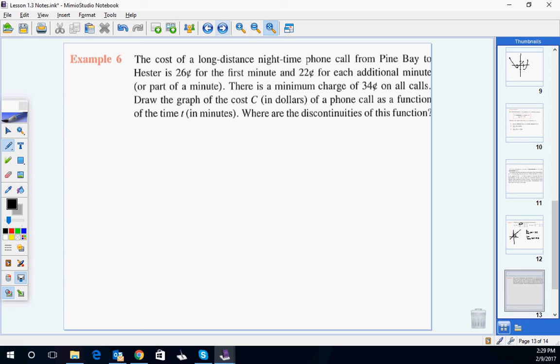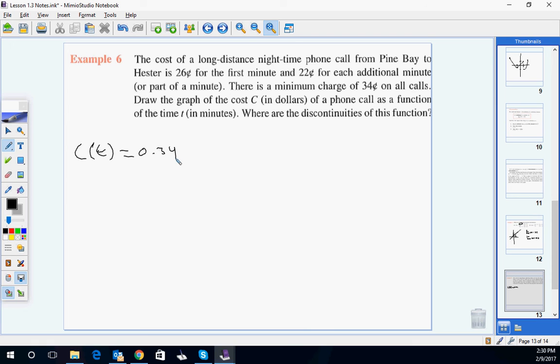First off, we know the minimum charge is 34 cents, no matter what happens. So our cost right away is 34 cents. But how does it grow? First off, how long is it 34 cents? When is the call more than 34 cents?